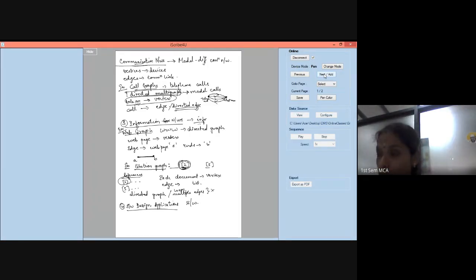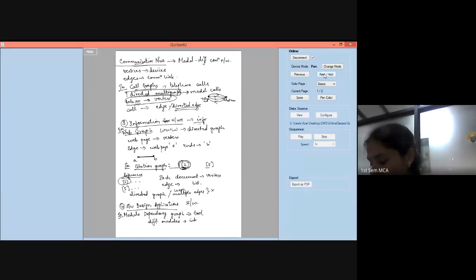There is a kind of graph called, as an example I'm taking, the module dependency graph. What is a module dependency graph? This provides a tool for understanding how different modules of a program interact. When you take a program, there will be different modules in it.